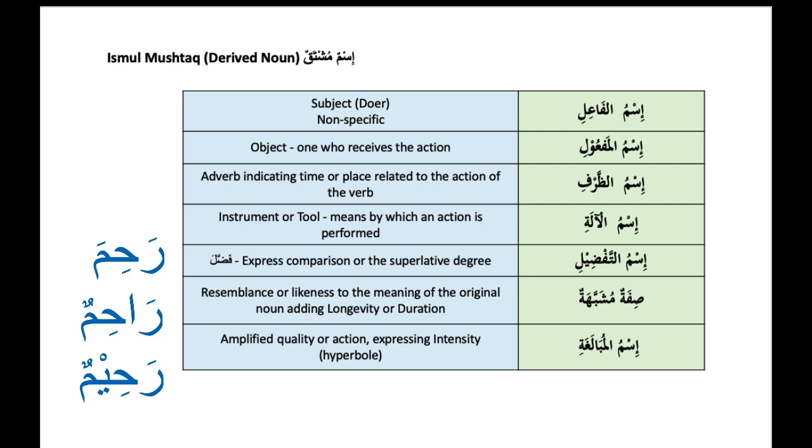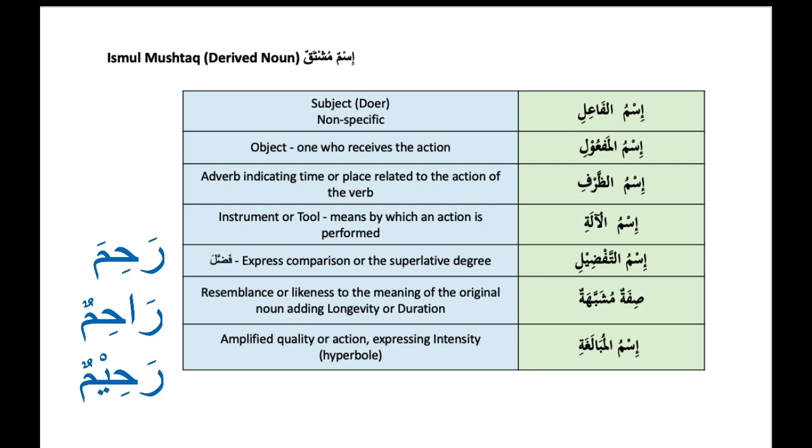But as we said in the beginning, ismul fa'il, its meaning is non-specific. But look at this one now. Rahimun. Remember, rahimun and rahimun, what is the difference? Since rahimun is non-specific and rahimun is very specific, which could be sifate mushabbaha or ismul mubalagha, this rahimun refers to Allah subhanahu wa ta'ala, and only Allah subhanahu wa ta'ala.